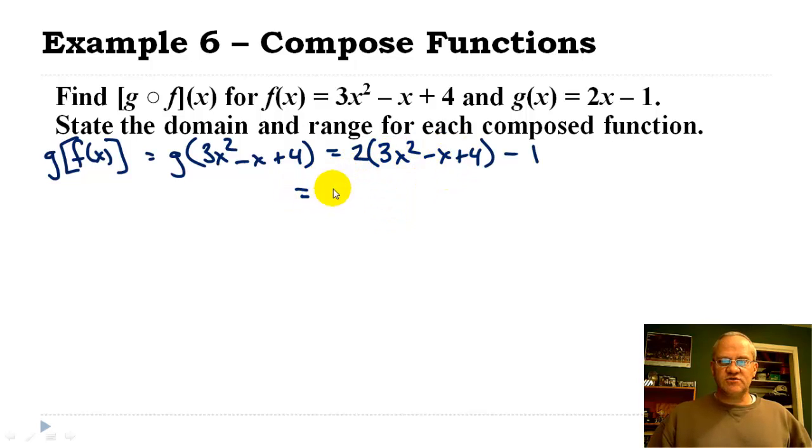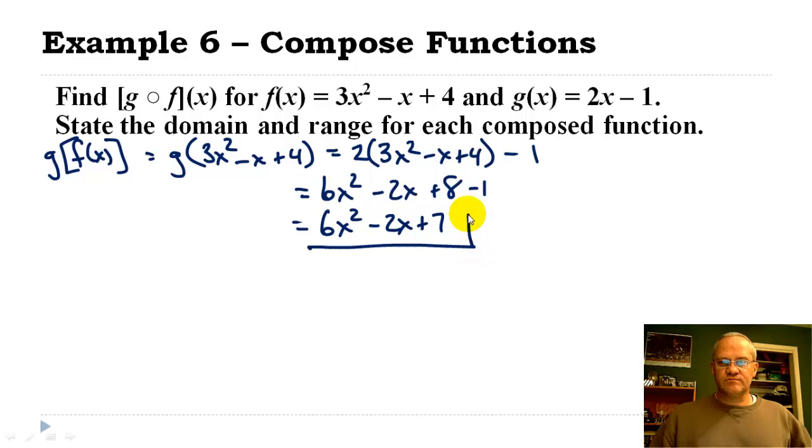So in this case, all I have to do is just distribute the 2. 6x squared minus 2x plus 8 minus 1. Combine the like terms, which in this case would be 6x squared minus 2x, and then 8 minus 1 is 7. Okay?